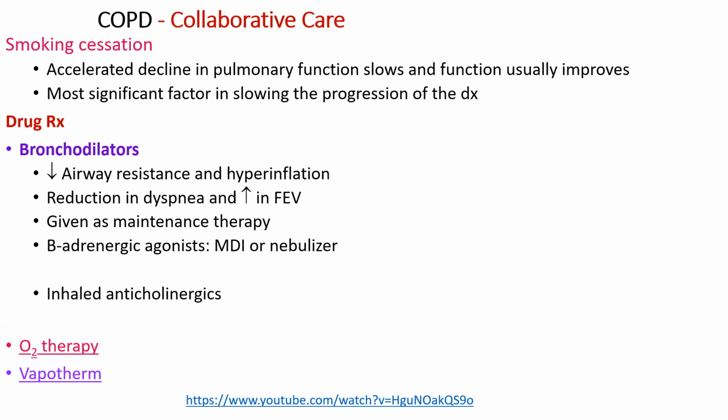So long-acting beta agonists are preferred over the short-acting for COPD. Inhaled anticholinergics have minimal side effects and are best if taken on a regular basis.